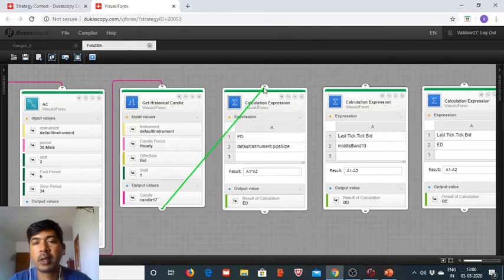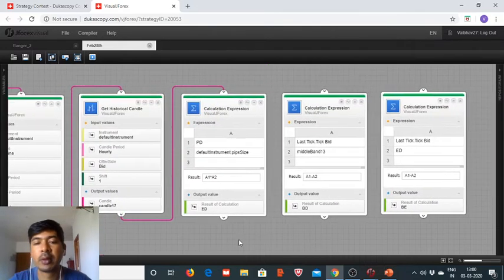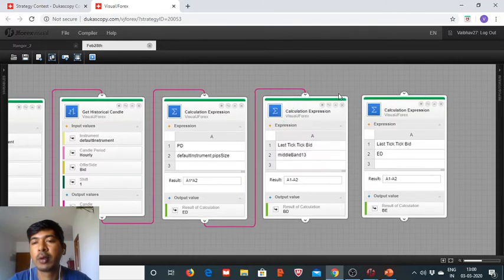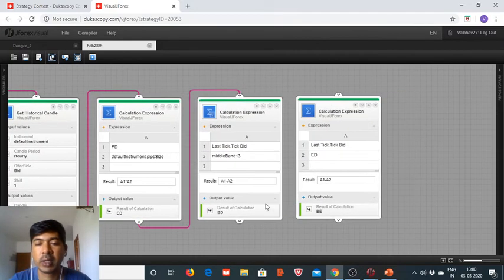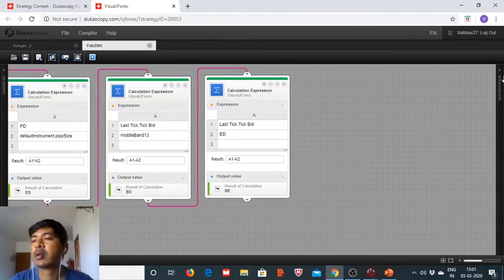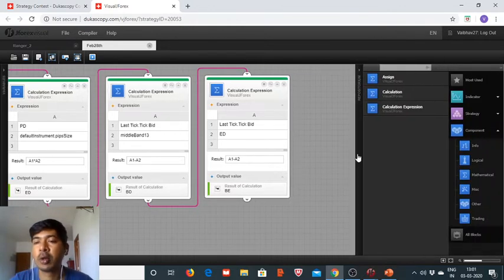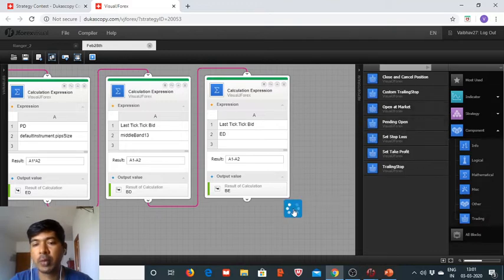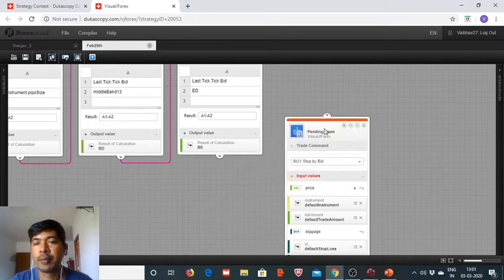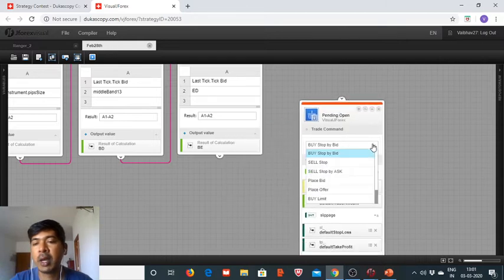and again we will need to bring in the order validity block as well. There we will need to do some further calculations, and this is how it's looking right now. And let us bring the pending open also, trading pending open, and we are going to place a buy limit order.